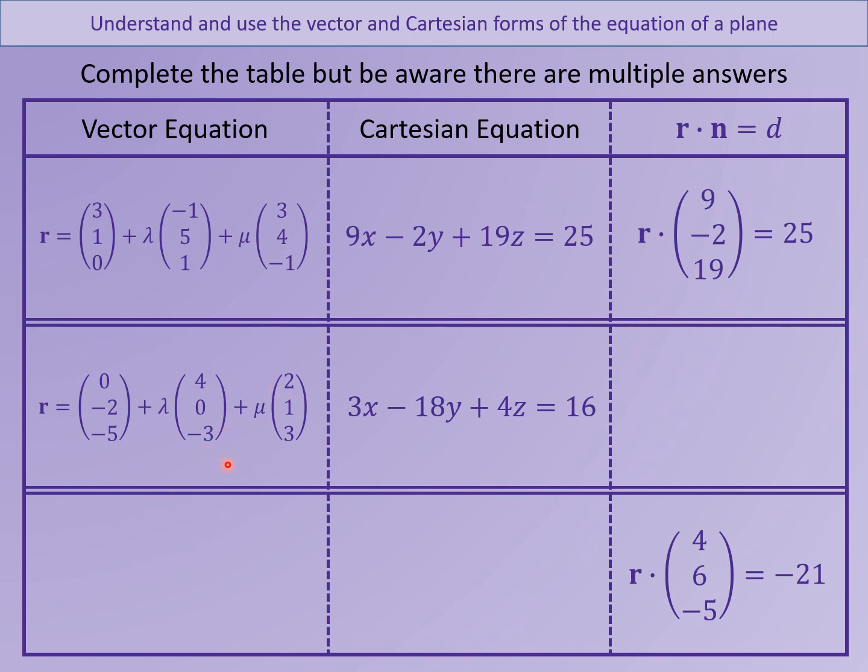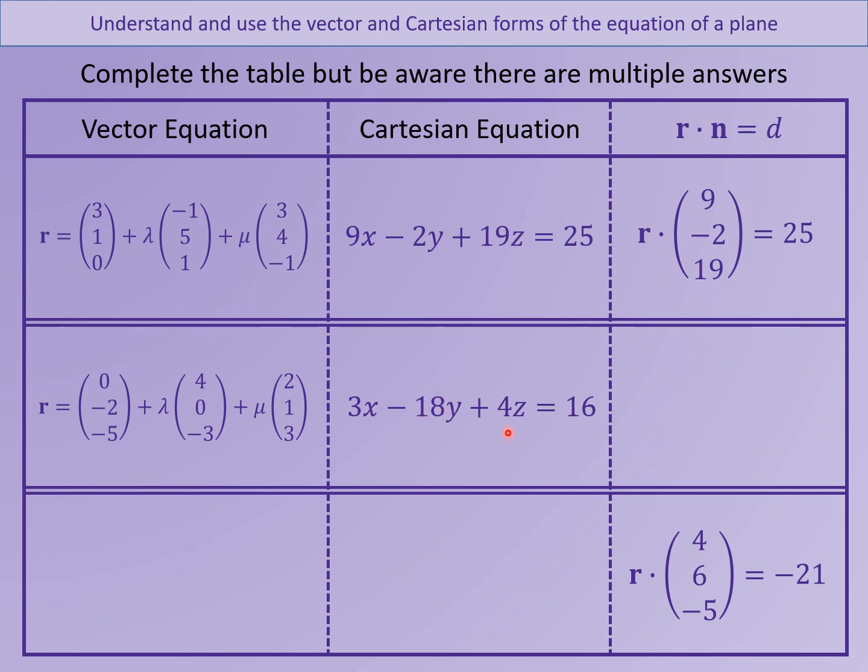Just check, is your normal vector the same as 3, minus 18, 4? Did you get 3, minus 18, 4 from your normal vector when you found the cross product, or whatever yours were? I've used 0, minus 2, minus 5.